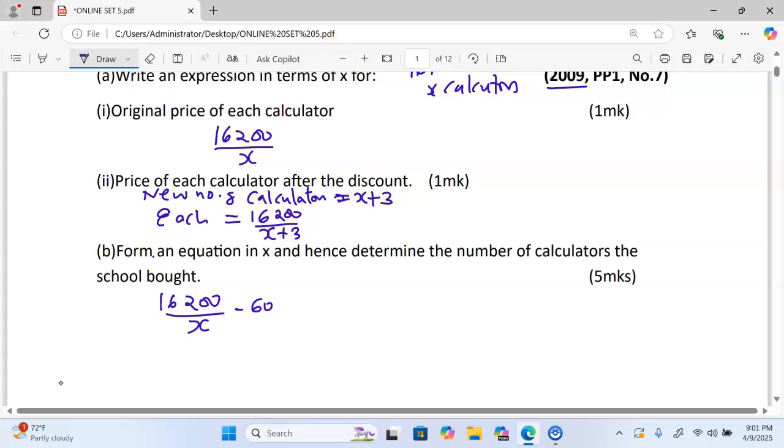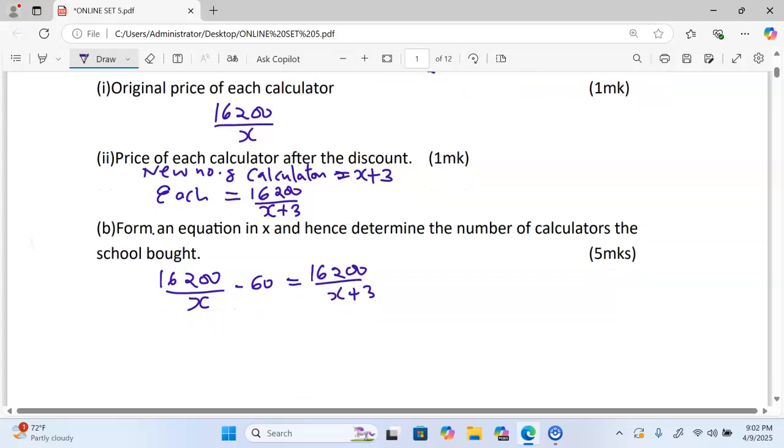Since we are supposed to buy the same amount of calculators, then this is equal to 16,200 divided by X plus 3, because it is only 16,200 that will be spent.